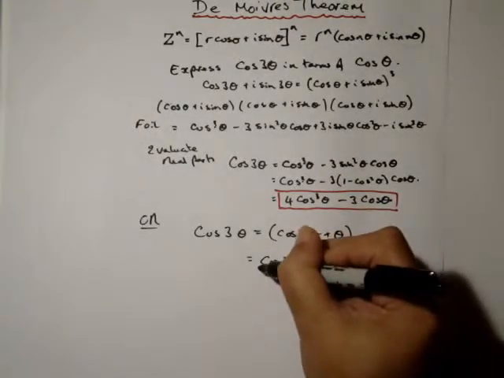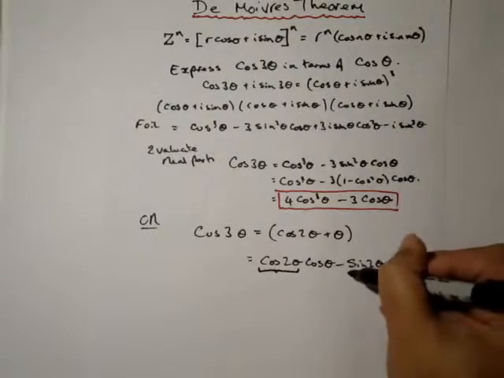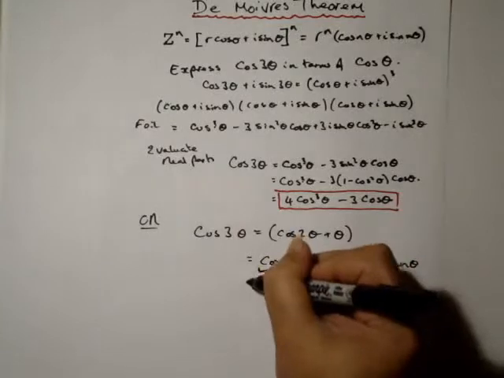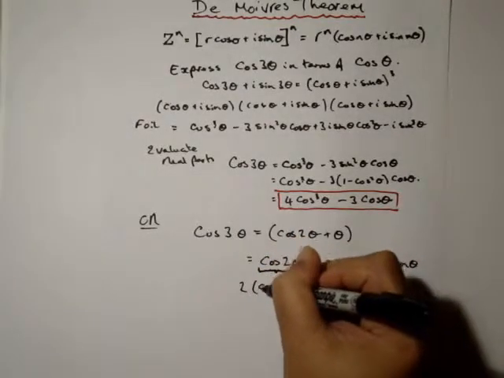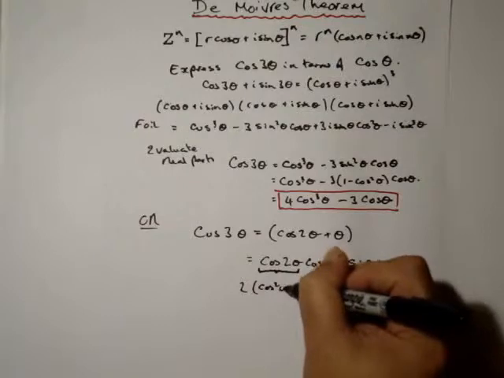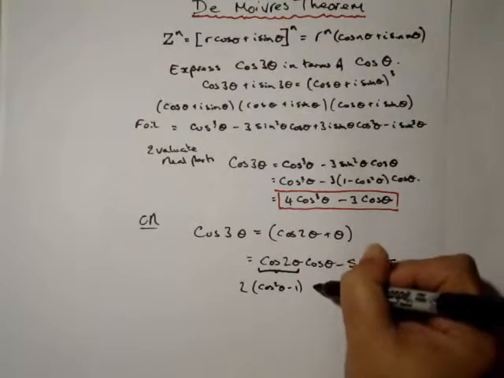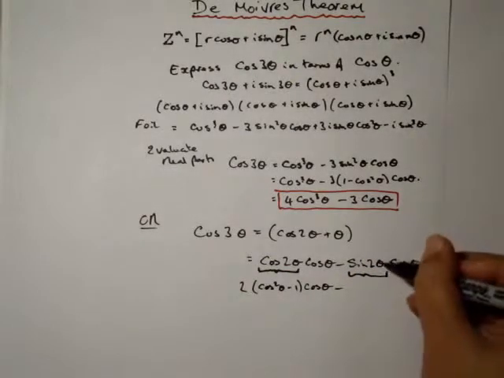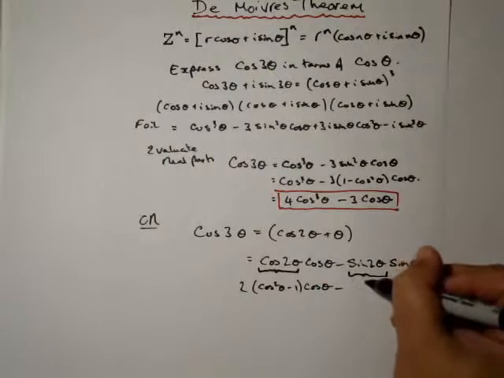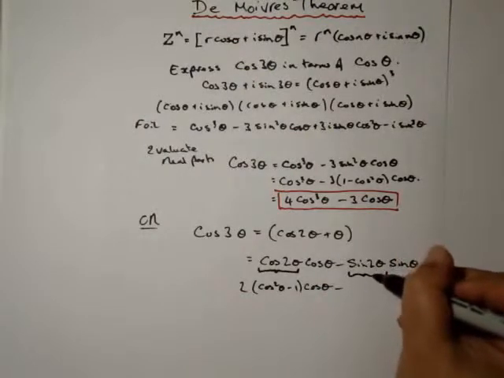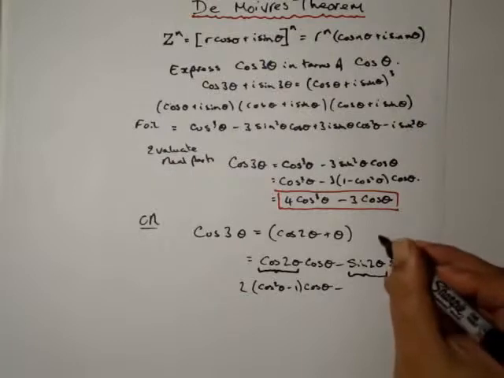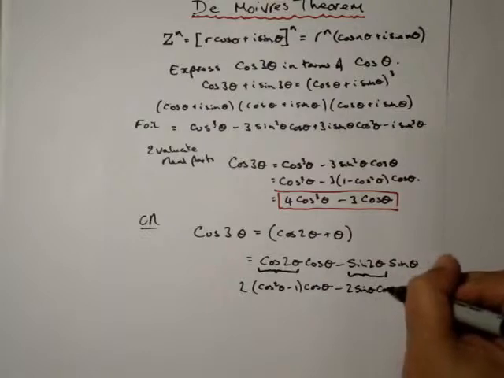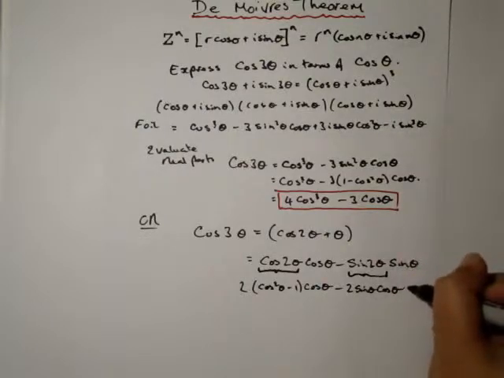Now we want to see what we can do with these parts here. So we can use our trig identity: we have 2 cos squared theta minus 1, and then our cos theta on the outside, minus sine 2 theta is 2 sine theta cos theta, and then our sine theta.